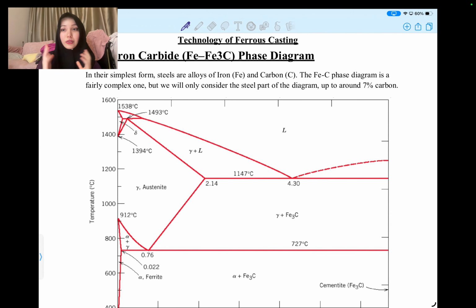So what is this all about, and everything that can be asked during the material science for engineers class about this diagram.